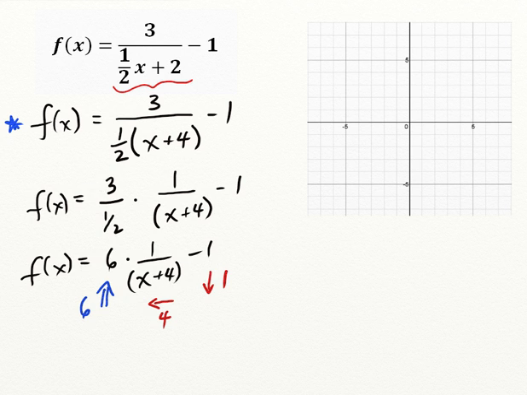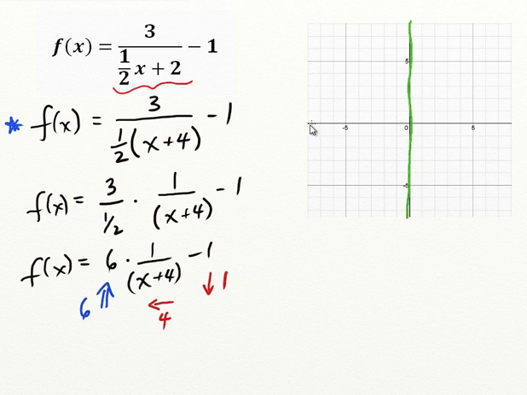Okay, well, how do we get started? Well, first thing I want to do is just remember what the original parent function looked like. And the parent function of a hyperbola, which is the reciprocal function, it has an asymptote, and the asymptote is right along the y-axis, as a vertical asymptote there, and it has a horizontal asymptote like that.